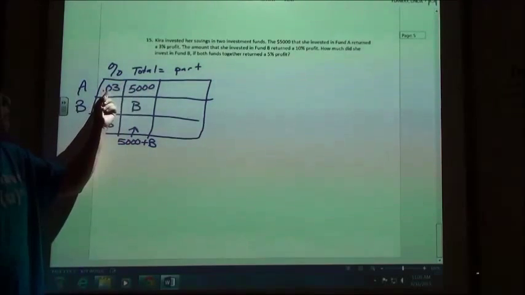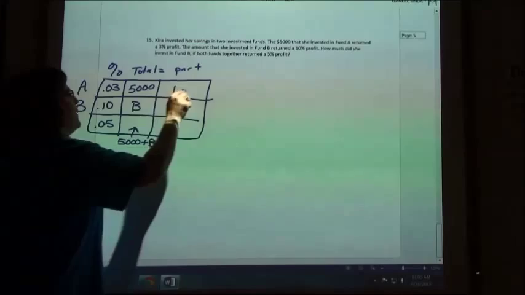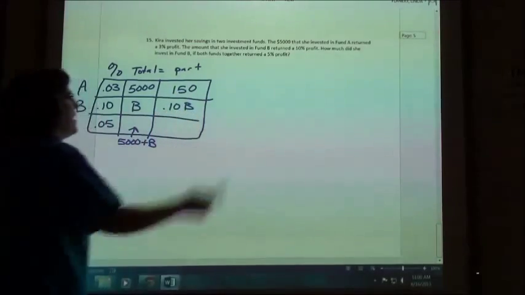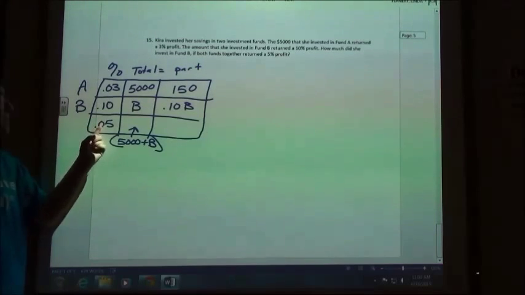So 3% of $5,000 would be how much? 150. 10% of B, we'll just put 10% B. And then 5% of my 5,000 plus B. So again, here I have to use my distributive property. 5% of 5,000 is $250.